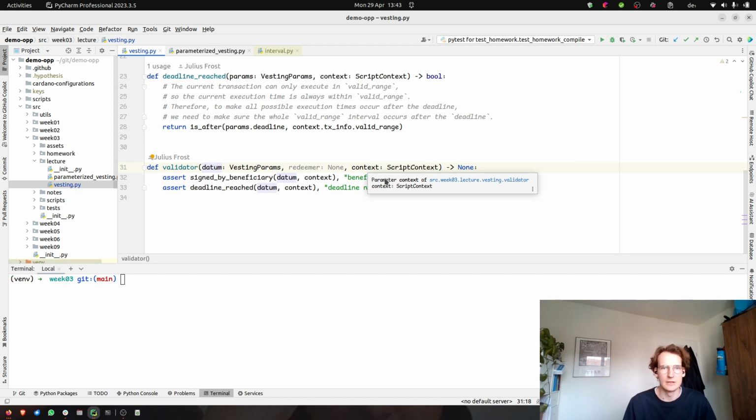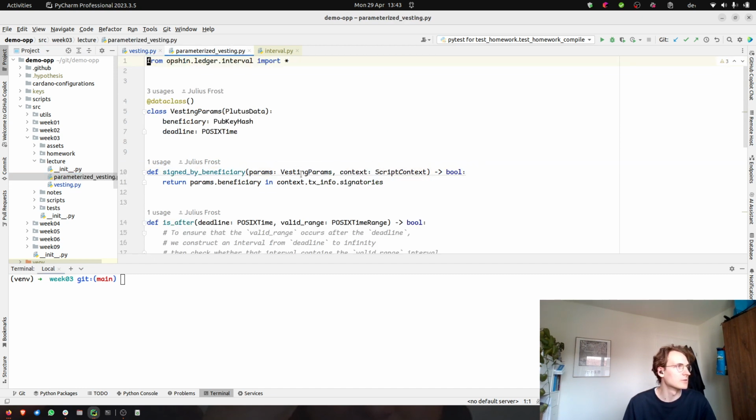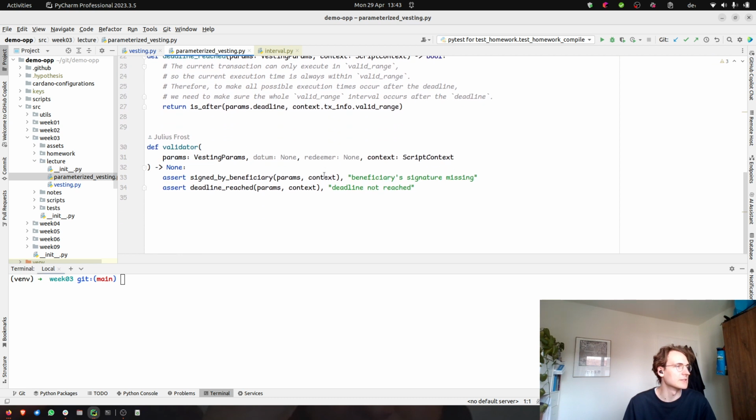So let's have a look at how this would look when writing such a contract. It's actually relatively straightforward. Previously, we had a single validator function with 3 arguments, which is the datum, redeemer, and context, and the datum was given after compiling when locking funds.